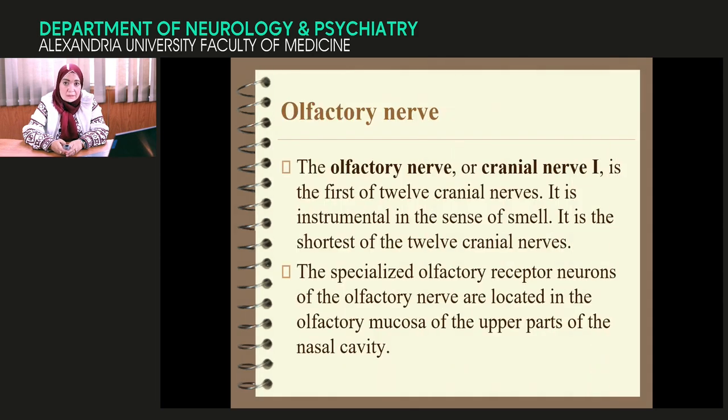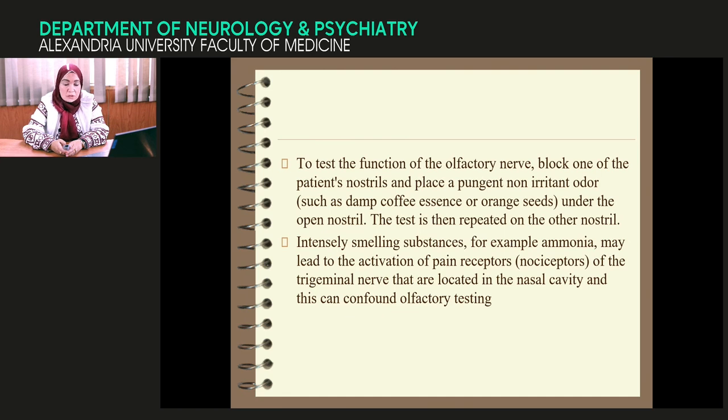It's a special sense, olfaction, and it originates directly from the brain tissue. To test the function of olfaction, we must examine each nostril separately, and must use a familiar, non-irritant odor like pepper, coffee, or orange. We will close each nostril.